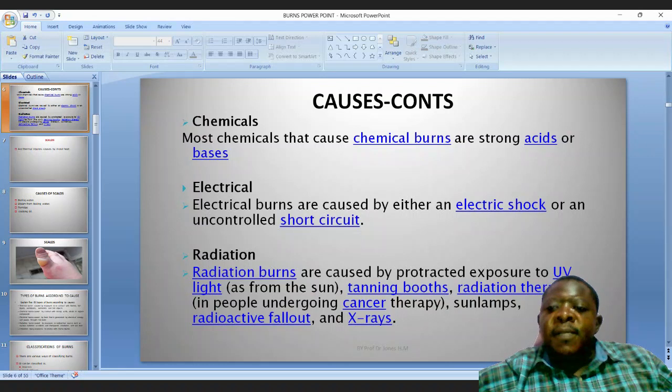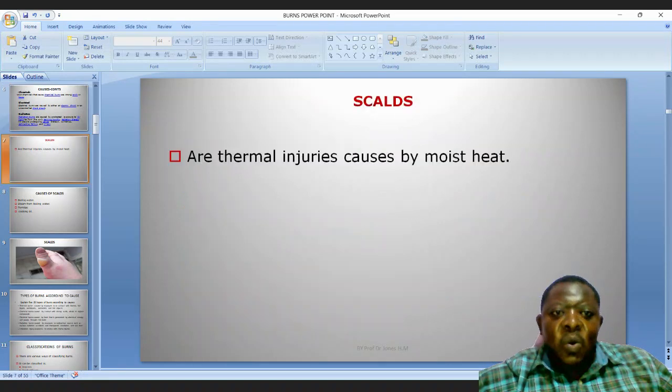Radiotherapy in cancer treatment, with exposure to ultraviolet light, may also cause burns. Other sources we need to understand are radioactive fallouts and X-rays, which under radiation may cause burns.